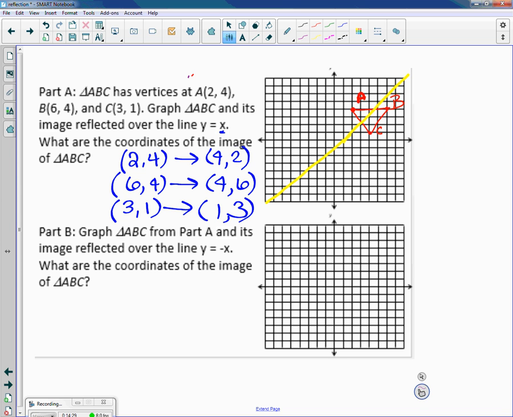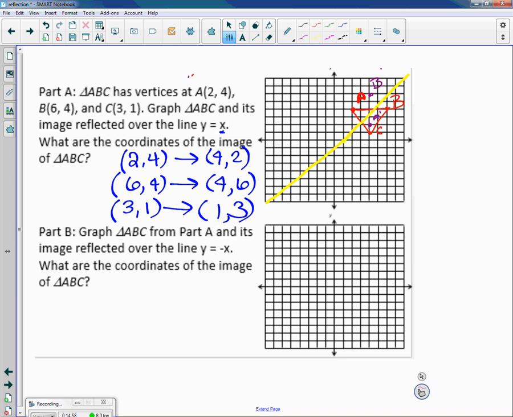Are you ready? 4, 2. 1, 2, 3, 4. 1, 2. If I was to fold on this line, this is where A would go. 6, 4 is now 4, 6. 1, 2, 3, 4, 5, 6.